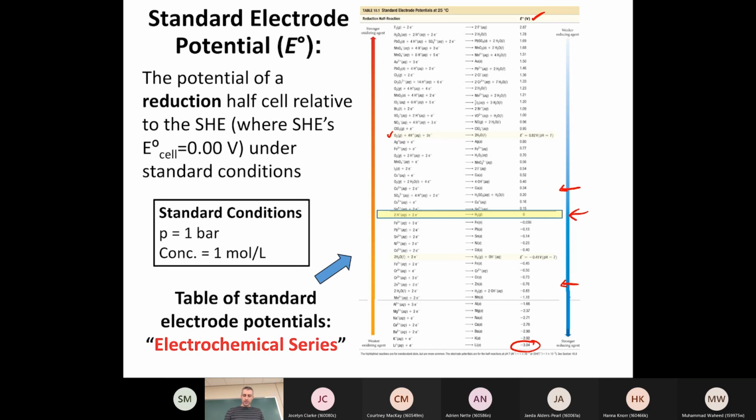The extreme opposite one, the fluorine, is positive 2.87 volts. So they're almost equidistant from zero. For that reason, this SHE, the standard hydrogen electrode, is a great choice for the standard because it's smack dab in the middle of the range of voltages that you see for other half reactions.